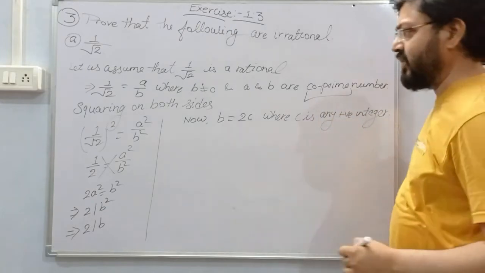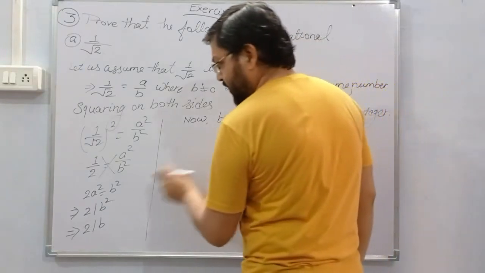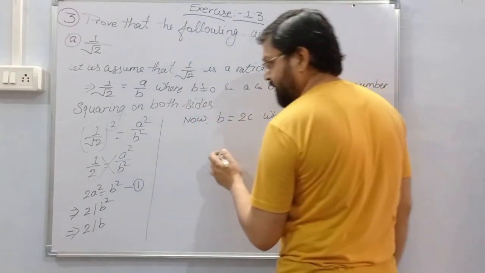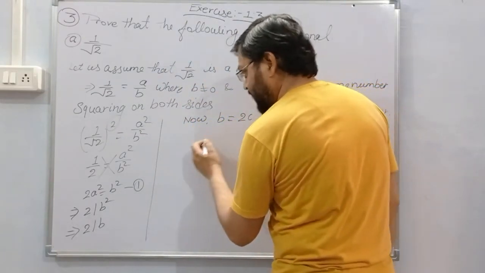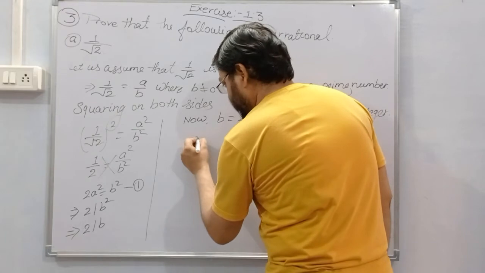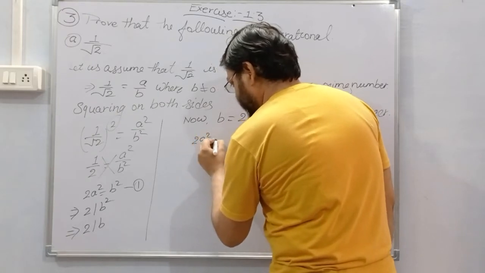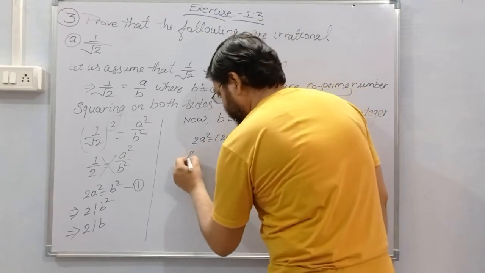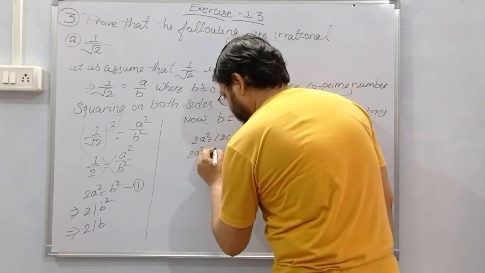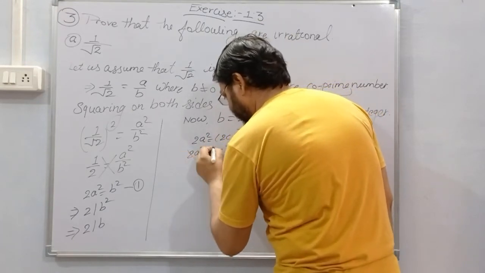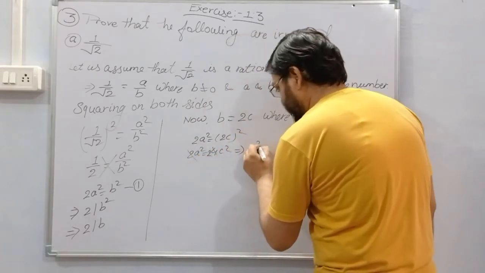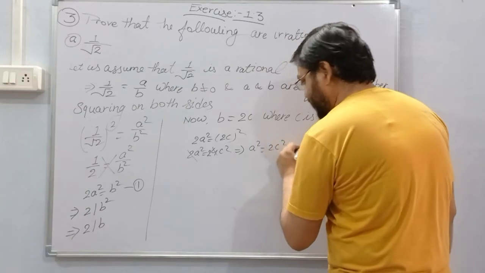I put this value in this equation. 2a square is equal to 2c square, means 2a square is equal to 4c square. Dividing this, you get a square is equal to 2c square.